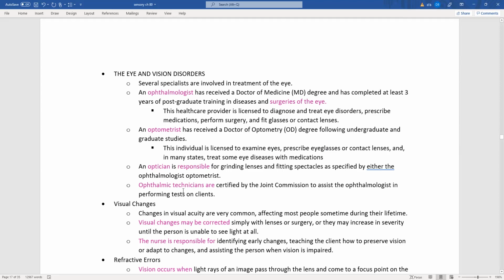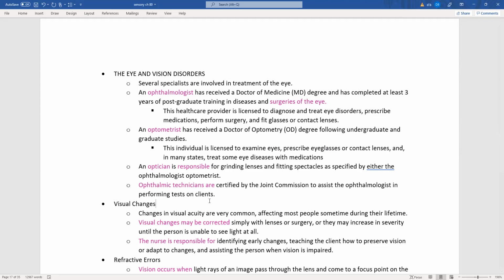So the ophthalmic technicians, they are certified. These are technicians. So they're certified by the Joint Commission to assist the ophthalmologist in performing tests on the client. So those are the ones who, before you even come in, are going to do the eye chart now. Those are the ones that do that.